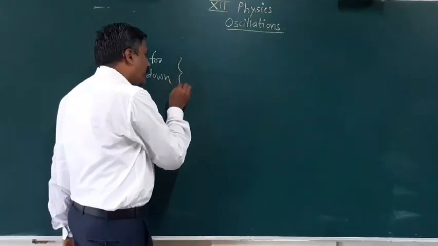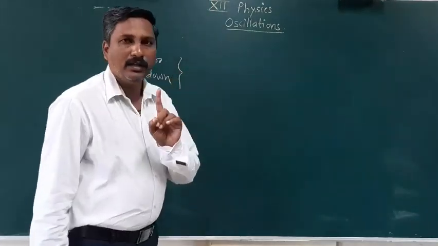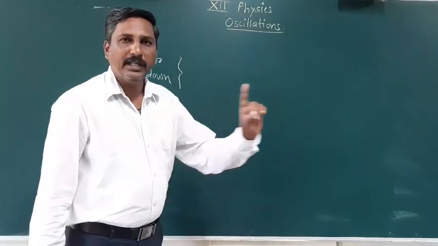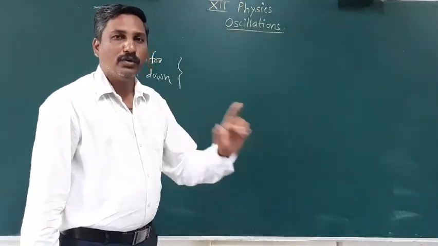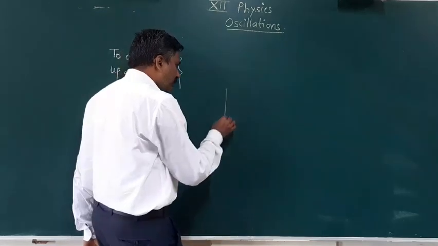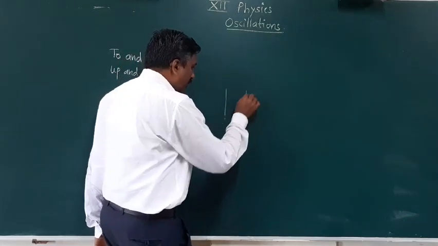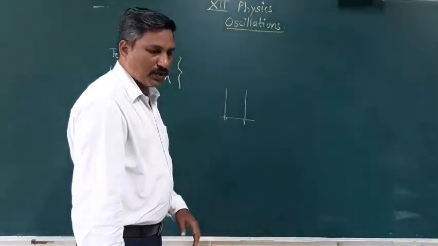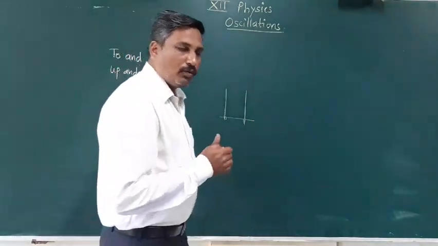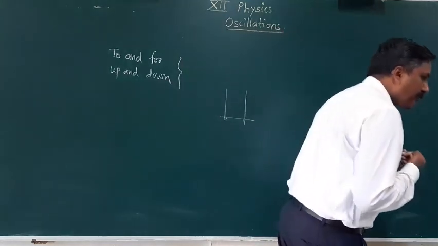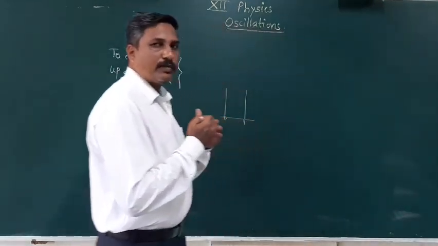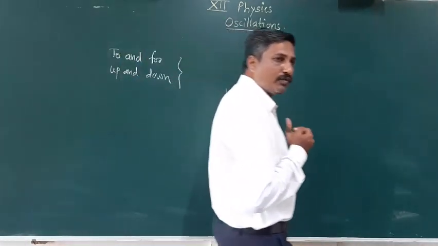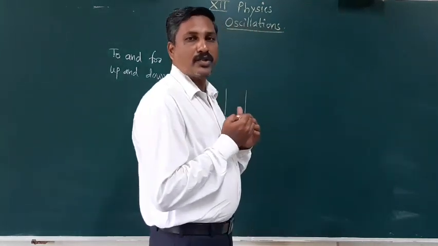To perform any one oscillation, suppose this is the swing tied here, and this is its main position. Now this swing moves forward, again it moves backward, again it moves forward, and comes to its initial position.